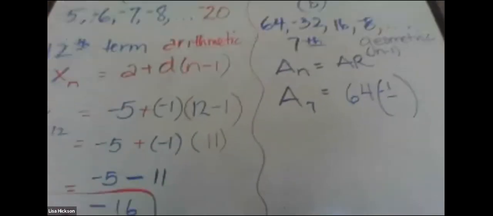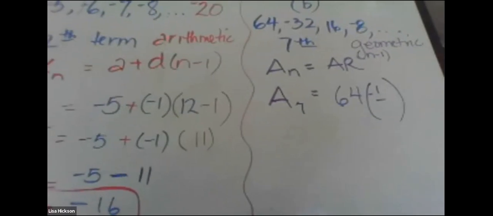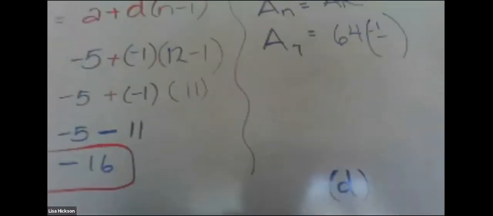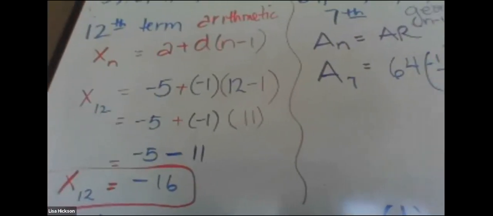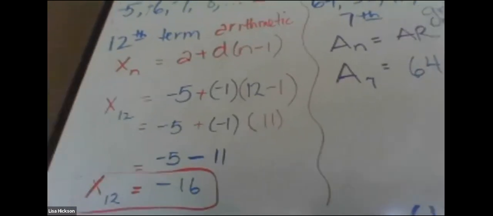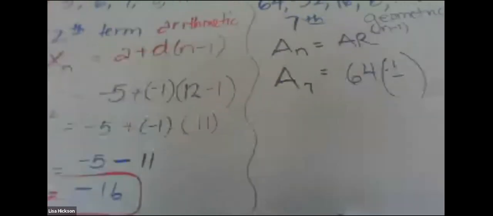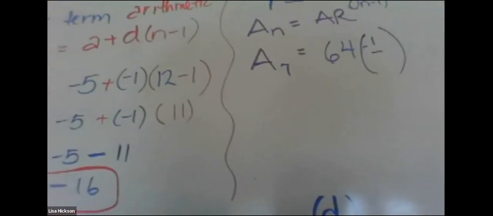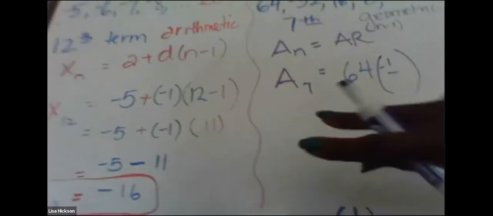So how does 32 relate to 64? Times what? Times 2, though? Because we're going down. Not times 2. Flip it over. What's the reciprocal of 2?